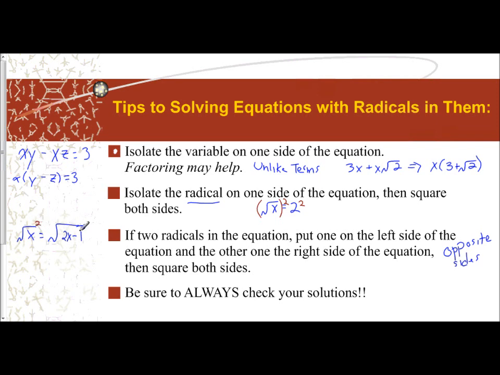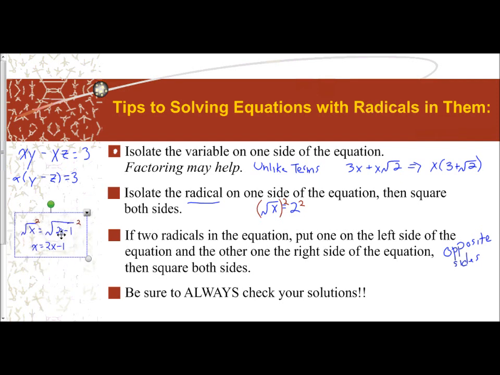I could square both sides to keep the equation balanced, and I'm left with the square and square roots canceling each other out. x equals 2x minus 1. Now, this is a basic example of what it means to isolate the radicals on opposite sides. If you have two radicals, you want to make sure you put them on opposite sides and square.